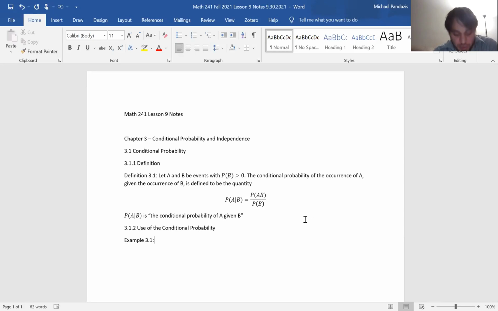This is example 3.1. A box contains 10 balls. You can see the screen, I'm assuming.